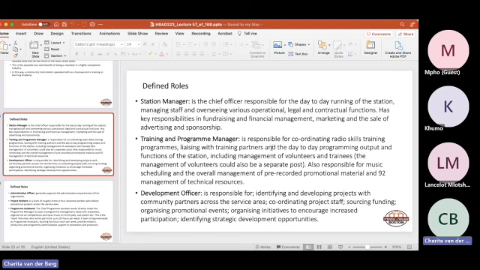Training and programming manager, responsible for all training and management of the volunteers and trainees, music scheduling, and technical resources. Development officer, identifying and developing projects with community partners, coordinating the project staff, sourcing funding, organizing promotional events, organizing initiatives, and identifying strategic development opportunities.